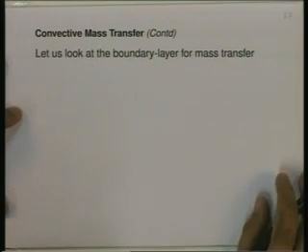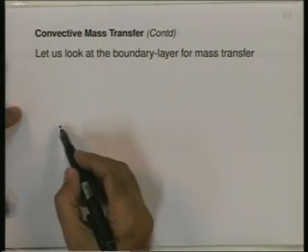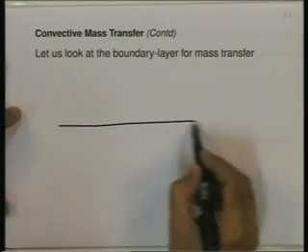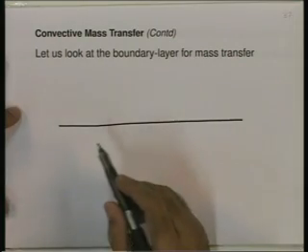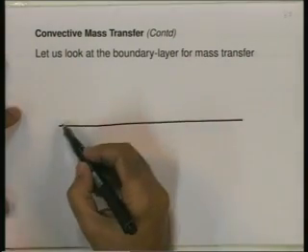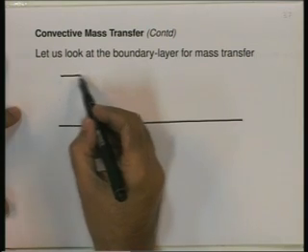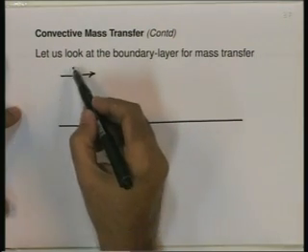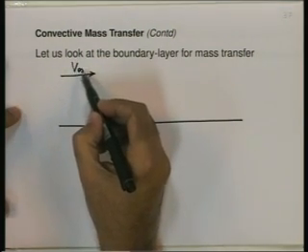When we talked about convective heat transfer, we looked at the concept of a thermal boundary layer. Now we look at a similar boundary layer for mass transfer. Let us say that we have a plate, and on the plate we have a boundary layer, a velocity boundary layer with free stream velocity v infinity.